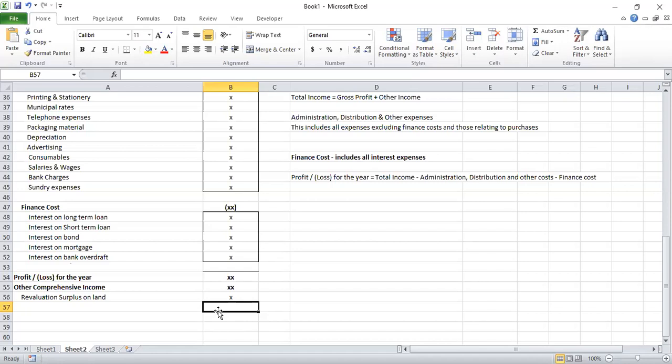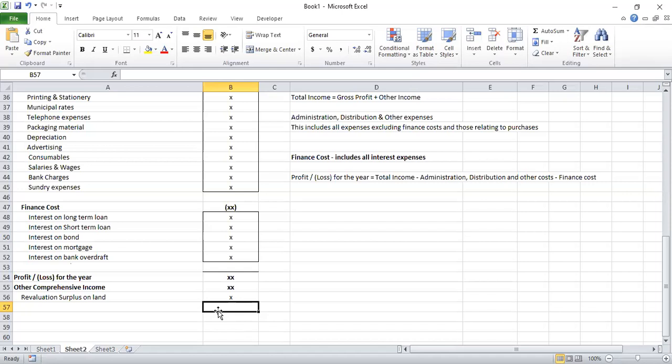Let's say, for example, your building was 500,000, and then you revalue it to 900,000. That additional amount is income.